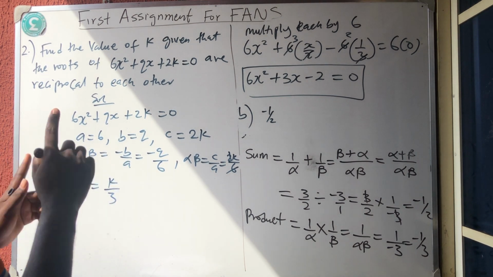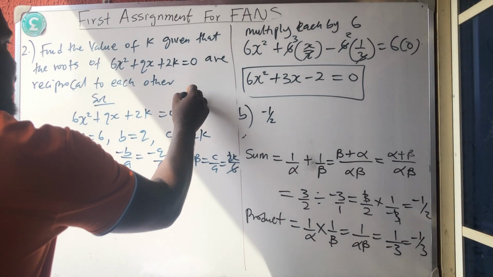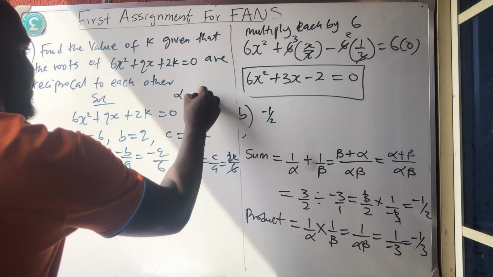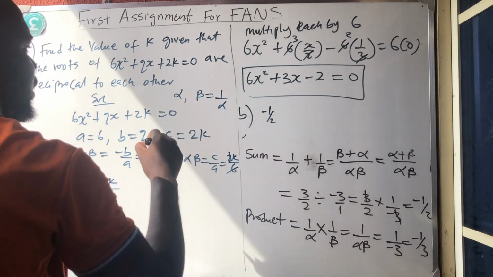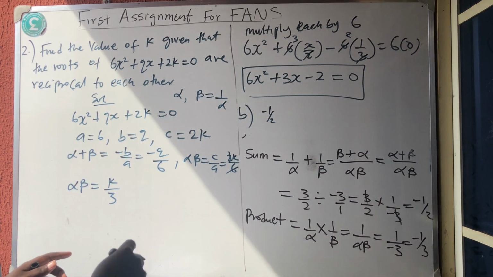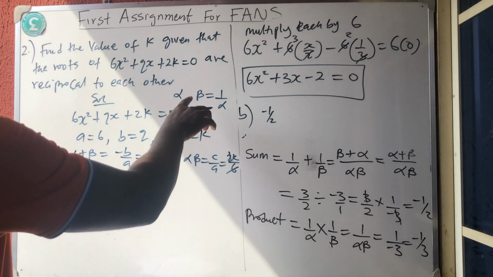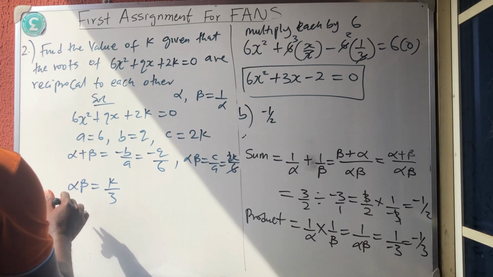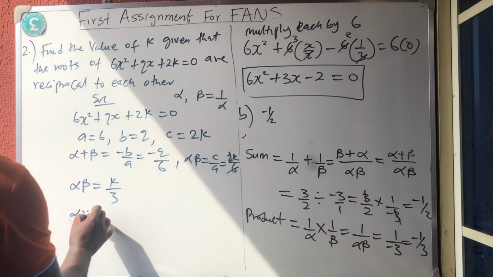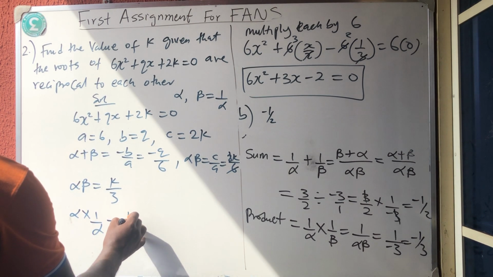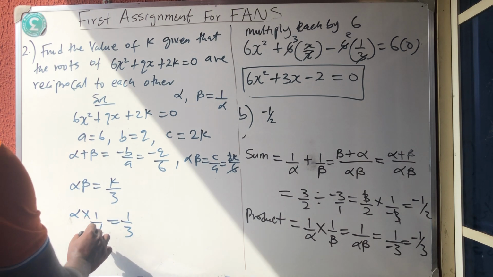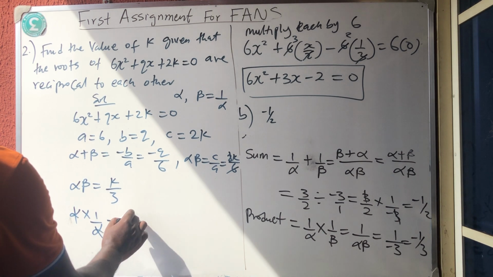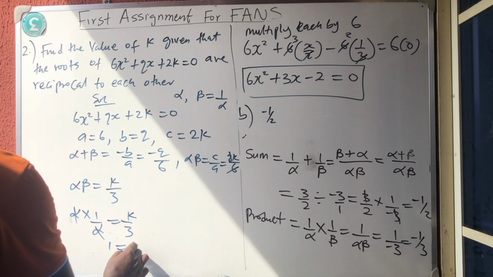Now they told us that the roots are reciprocal to each other, which means if I have alpha, then beta must be equal to 1 over alpha, the reciprocal of the other one. Reciprocal means 1 over. So anywhere I see beta, I can put 1 over this. So it will now be alpha times 1 over alpha is equal to k over 3. Now alpha cancels alpha, I'm having 1 is equal to k over 3.